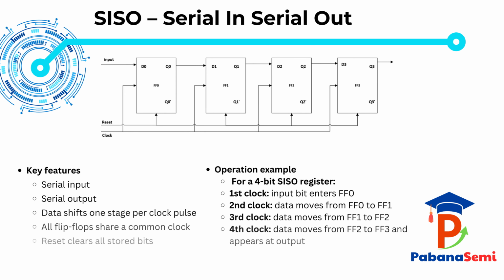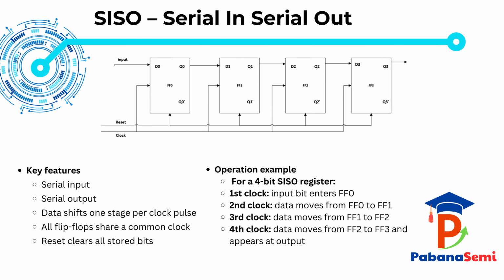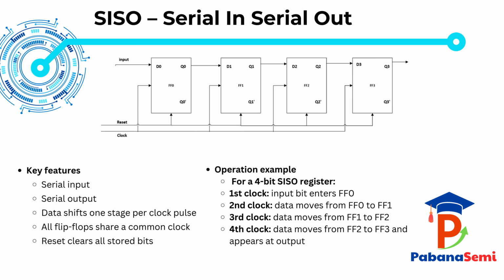This is a SISO register, which stands for Serial In, Serial Out. In this type of shift register, data enters one bit at a time through the serial input and also leaves one bit at a time from the serial output. The register is built using multiple flip-flops connected in sequence. With each clock pulse, the stored data shifts from one flip-flop to the next stage.